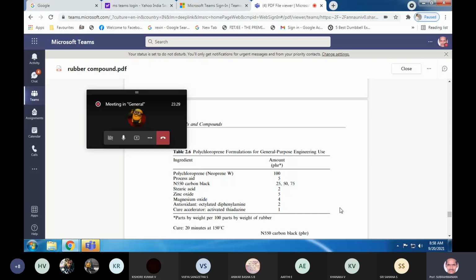I am using the term SRF, semi-reinforcing furnace. That is under the N700 series, SRF, GPF. We don't use even N550. N330 for a chloroprene, very rare.